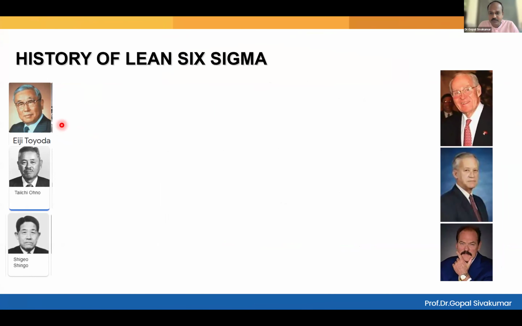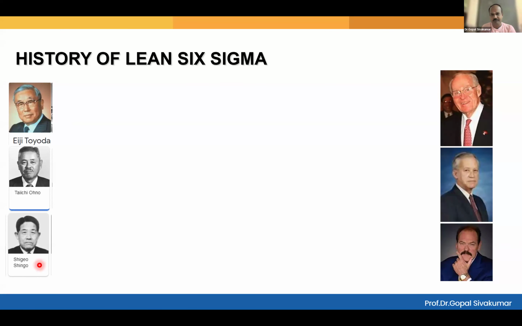Now going back to the history. You see 3 people on the left side and 3 people on the right side. The left side people are the Japanese architects behind Japanese quality, particularly the Toyota production system: Eiji Toyota, Taichi Ono, Dr. Shigeo Shingo.